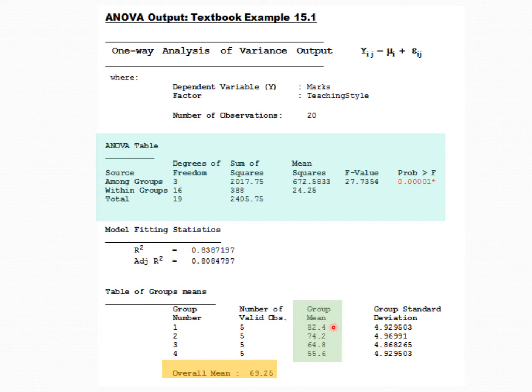So the value next to group number 1 will be your Y1 bar. The value next to group number 2 will be your Y2 bar. Then you get your Y3 bar and your Y4 bar. And then the last value on the first part of the output is your overall mean of 69.25, and that will be your Y bar.